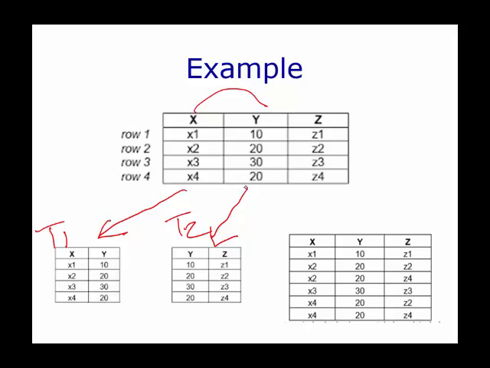So this part is the intersection, which is attribute Y, the intersection of table 1 and table 2.